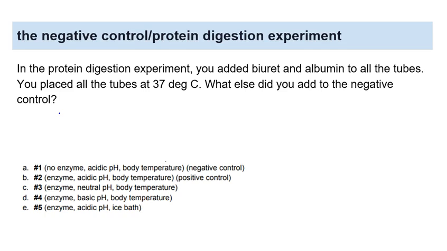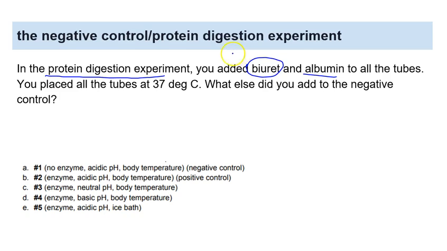Okay, so then we had the experiment for protein digestion, where we are going to practice how to find the negative control. In the protein digestion experiment, you added the biuret, which, if you remember, was the indicator for protein, and albumin, which is our protein.